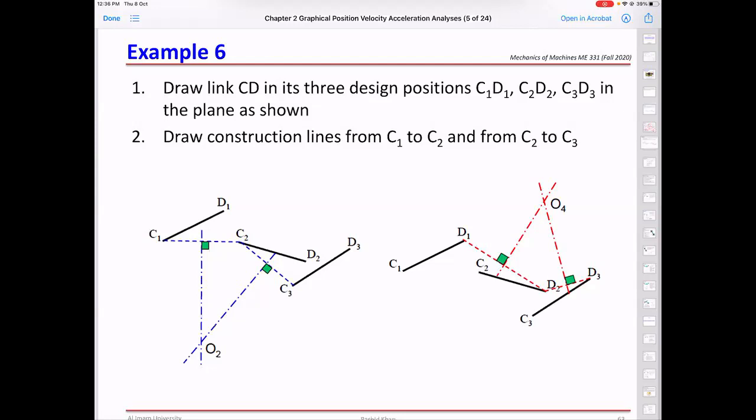You can put the initial conditions here, or randomly select these points, which I'm going to do, and then you will see how it works. Let me draw these links first, and then we will see how we can construct the whole mechanism in three position synthesis.